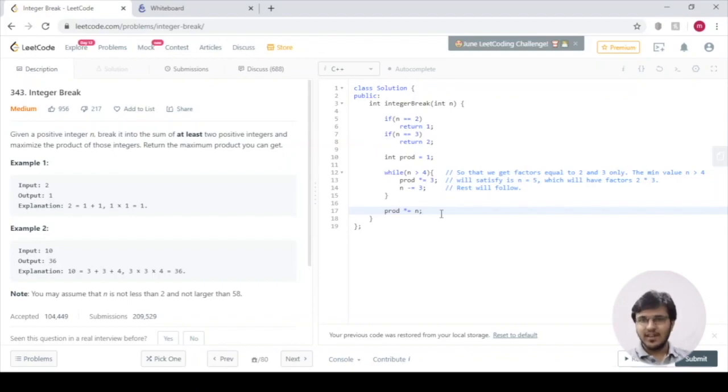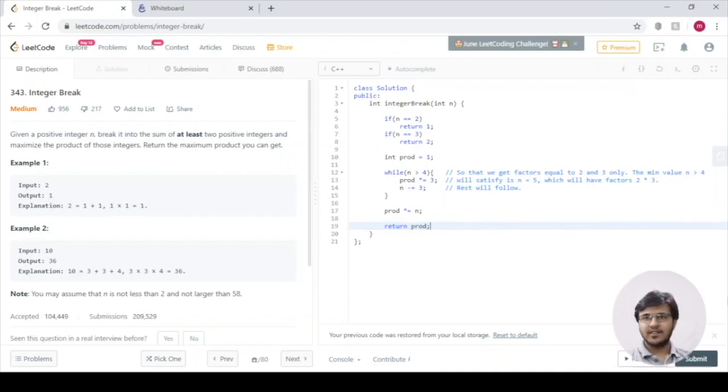So 4 is equal to 2 into 2, so we directly multiply 4 into product. If the number was 5, then we extracted 3 from it, the remaining number would be 2, so we can multiply 2 as it is to the product, and so on. So this would be the process eventually, and then we have finally gotten our product, so we return the product.